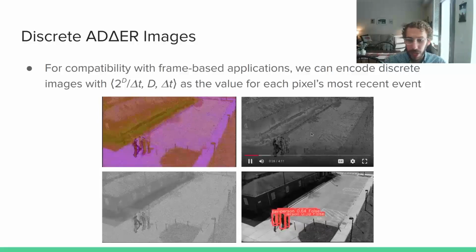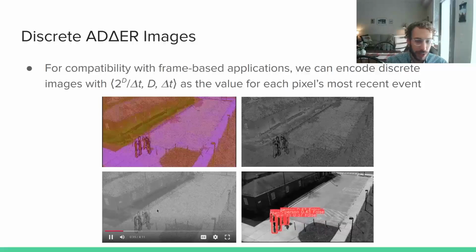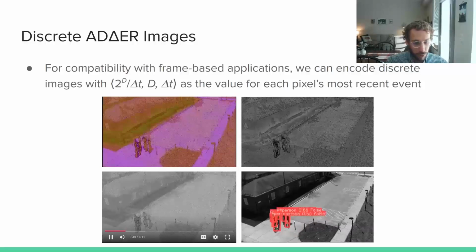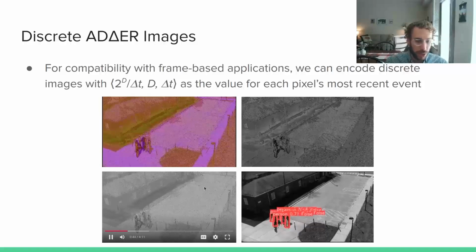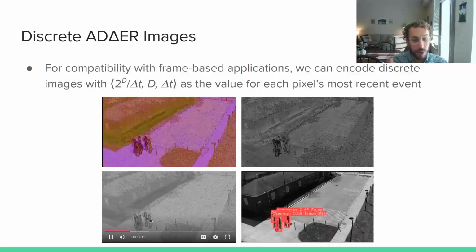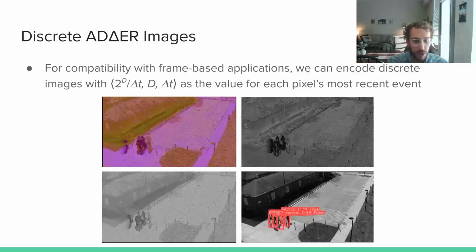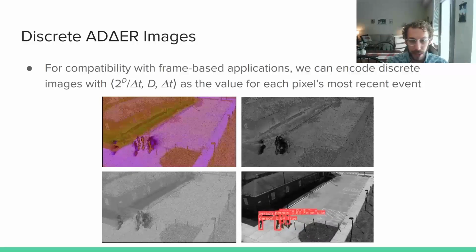Over here we can look at the d value, which determines how sensitive the pixel is to change. And here we see the delta t values. Where the pixels are really stable, we'll have brighter values here and here. Where things are changing, like where these people are moving and talking, we will have darker values, or the appearance of darker values, as d and delta t are lower.